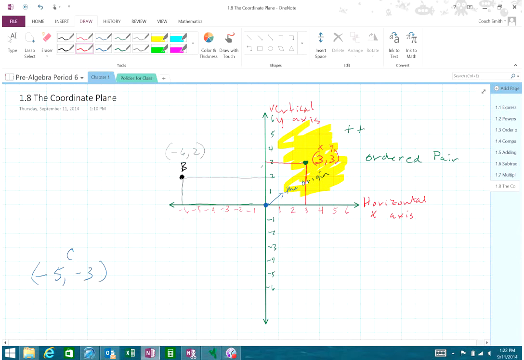The x is first, so we go out here to -5. Now, -3 is down. 1, 2, 3. So there's the point right there. That is point C. -5 and -3.